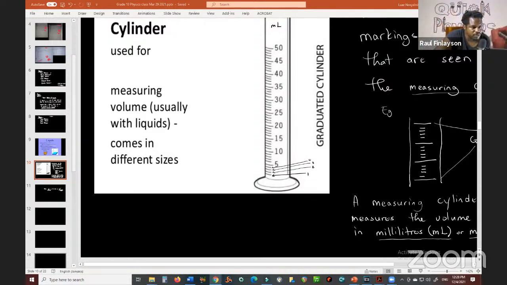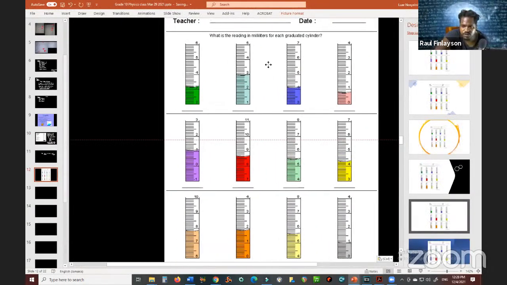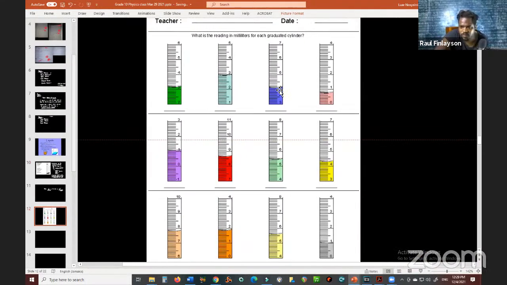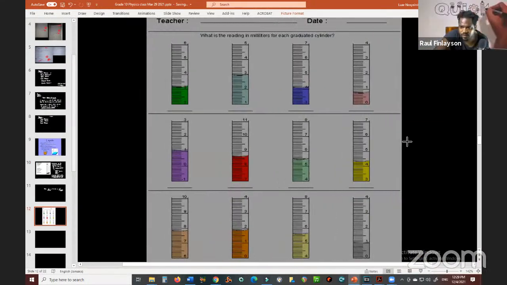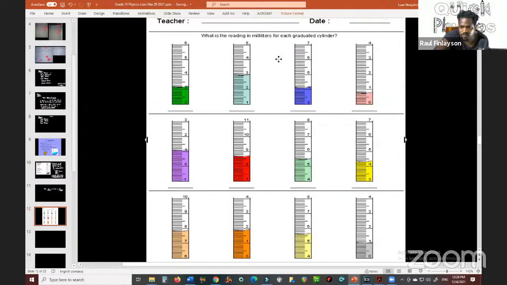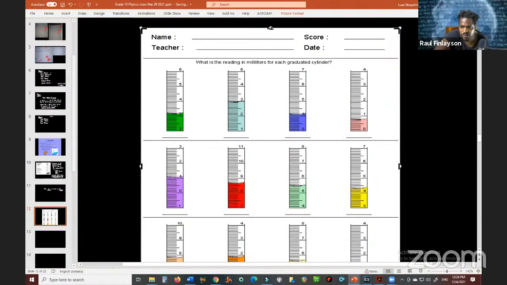All right, now let me see something here. Here's one example. Let's just bring in this paper here. Hope everybody can see this. Let's just move this down a bit, and I'm going to crop this.